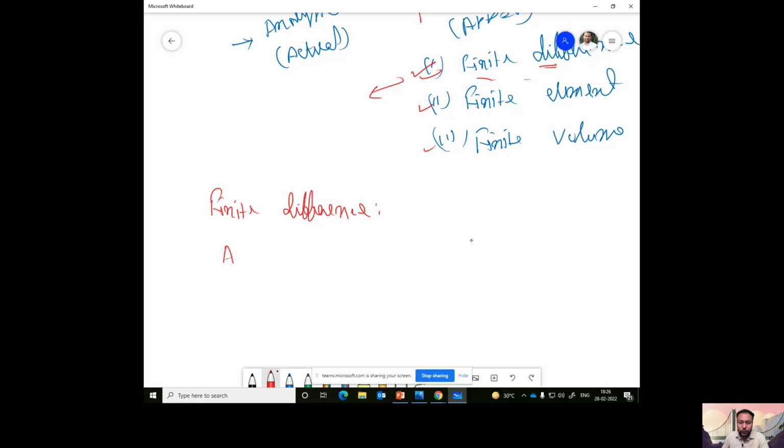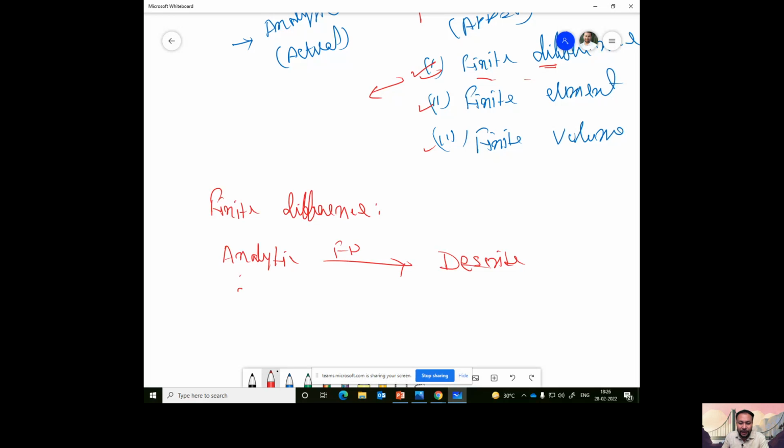It is going to convert analytical to discrete. If I use the finite difference method, the analytical form becomes discrete form.